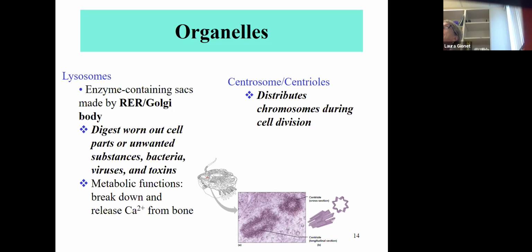They may merge with worn out organelles in the cell and secrete these enzymes onto it so it breaks down, and then that vesicle, that lysosome, will merge with the plasma membrane and release all that waste to the extracellular fluid.